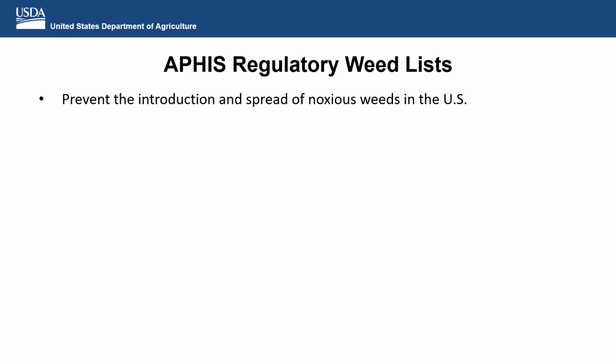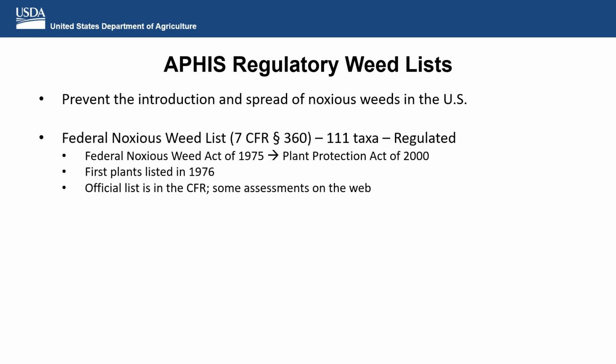So APHIS, our mission is to prevent the introduction and the spread of noxious weeds in the U.S. So by definition, our weed lists are going to focus on weeds that are either not yet here or are here and have a limited distribution, because we regulate weeds. We have federal regulatory weed lists.